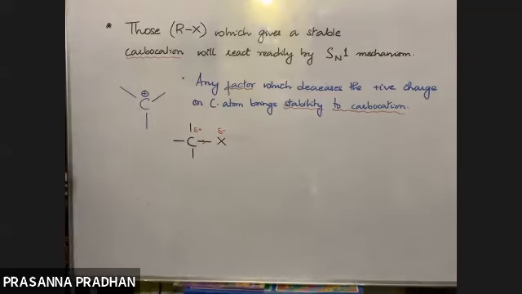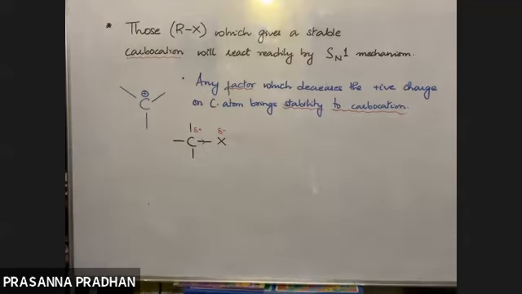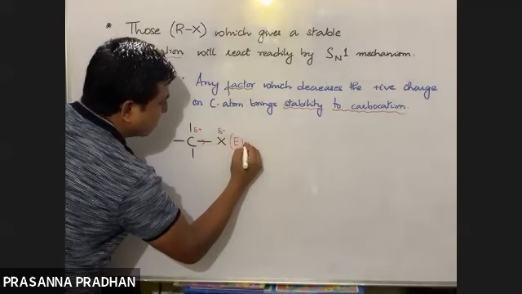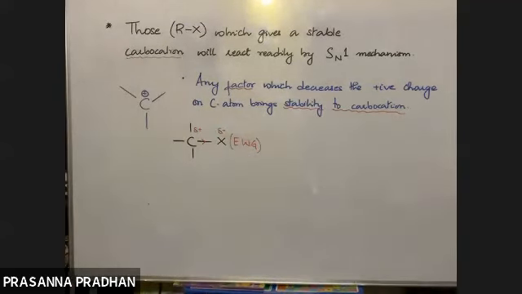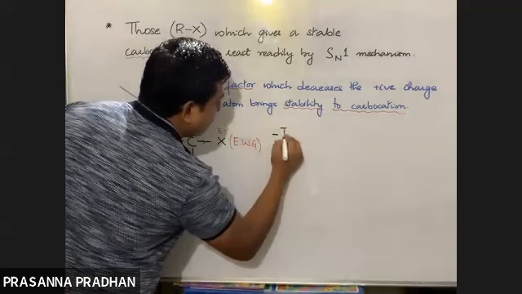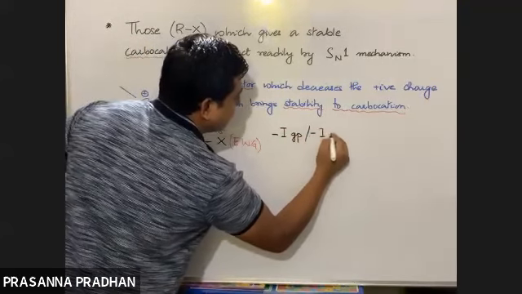These are electron attracting species, electron withdrawing groups. Since it withdraws electrons, it acquires a negative charge. This type of group is known as a minus I group, and this effect is known as the minus I effect.